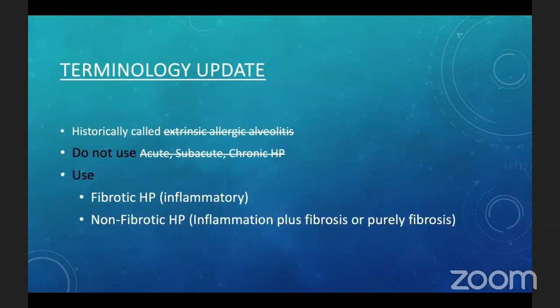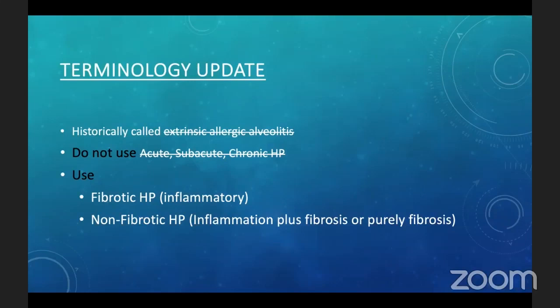So, update on the terminology. Previously, we were calling this entity extrinsic allergic alveolitis. Nowadays, we don't use this terminology anymore. It was also classified as acute, subacute, and chronic, but we don't use it anymore now. The important factor in the new classification system is to detect the fibrosis.